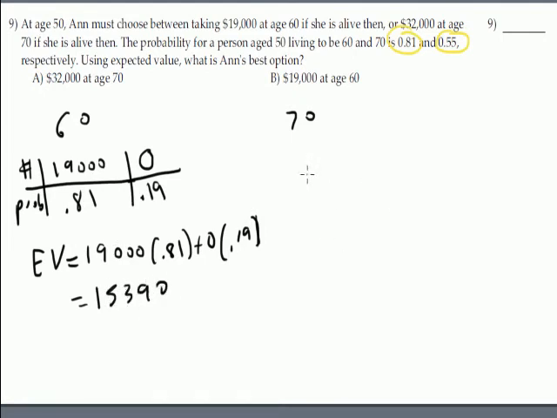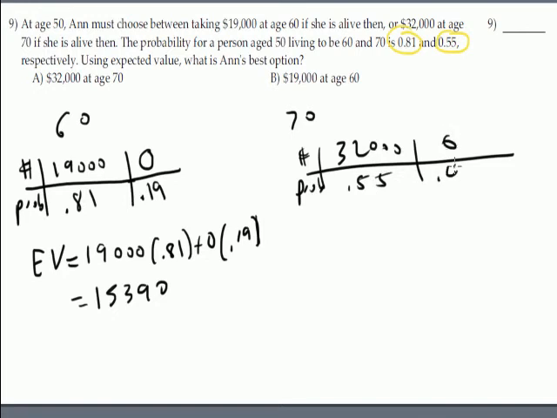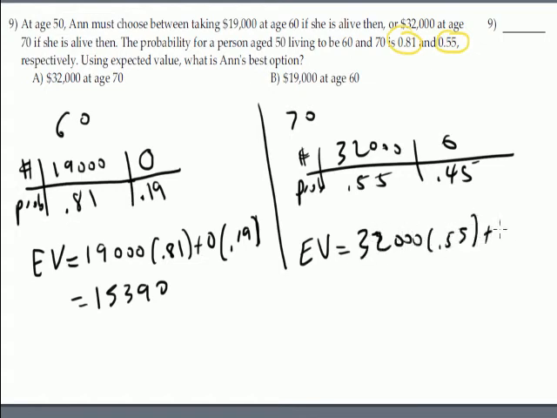For age 70, same basic setup. The appropriate numbers are 32,000 with probability 0.55 or 0 with probability 0.45. I'm going to reiterate that 0.55 is way, way low. It should be like 0.85 or 0.9. All right, 32,000 times 0.55 plus 0 times 0.45.